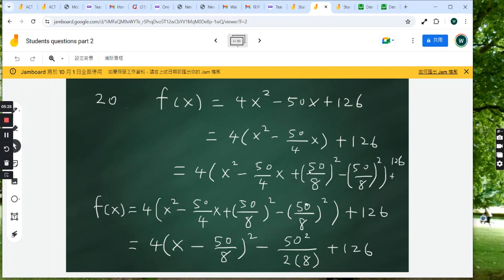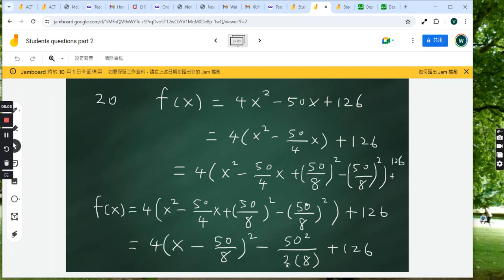Now from here to here, we want to bring the last term outside of the big parentheses. To do that, we need to multiply this negative 50 over 8 squared times 4. When you do that, 4 over 8 gives you a 2 in the denominator.